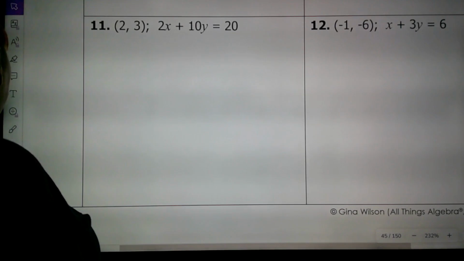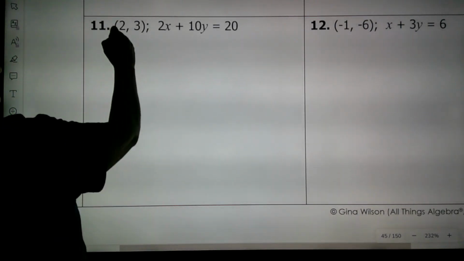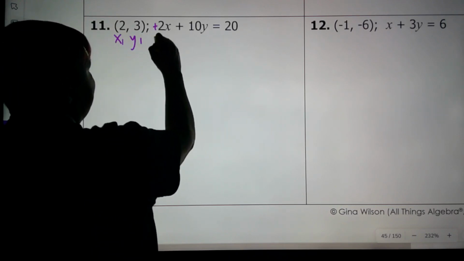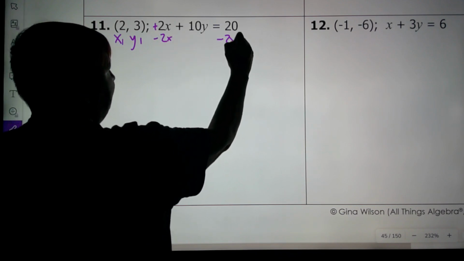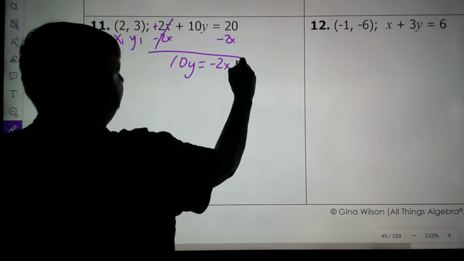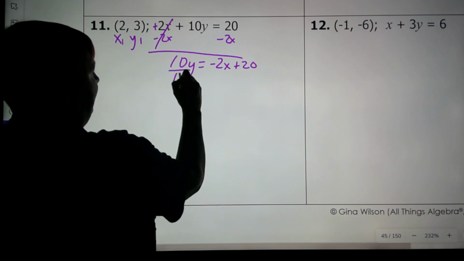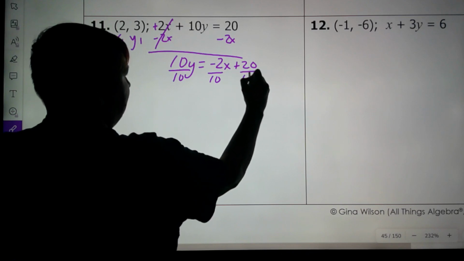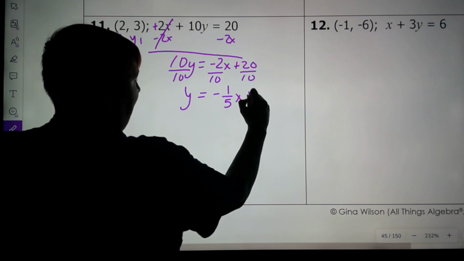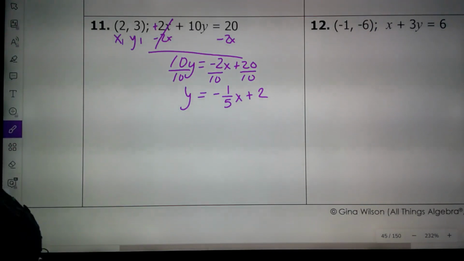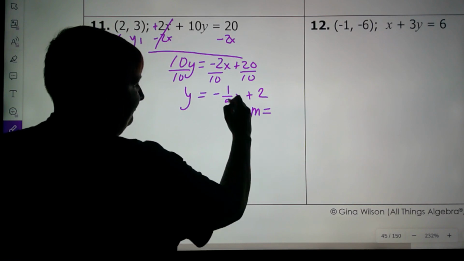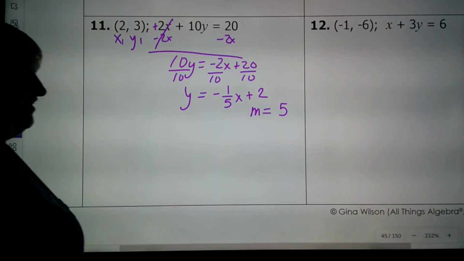This one needs to be converted. No big deal. x1, y1. We're going to solve for y. This is a positive 2x, so we're going to subtract 2x. These are not like terms, we're just going to line them up. Divide by the 10. y equals negative 1/5 x plus 2. And remember, we're going perpendicular, so our new slope is going to be flipped fraction, change sign.